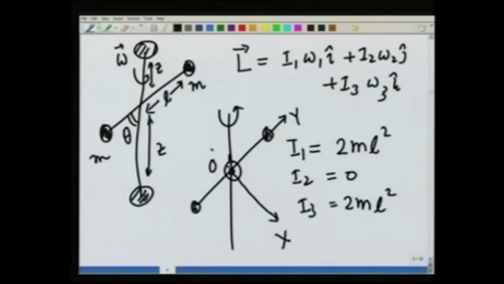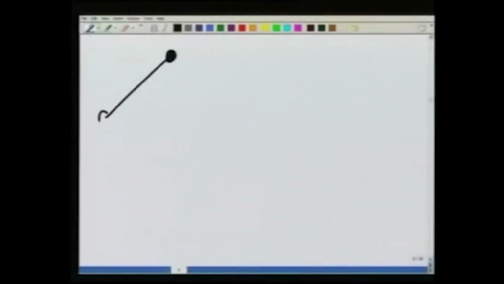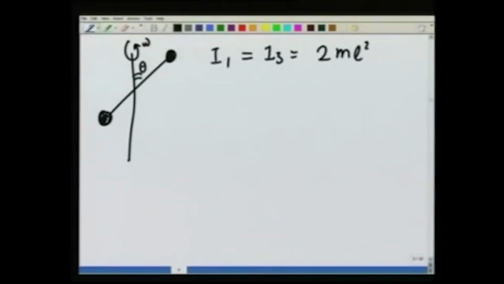This is omega. So, omega has two components. Let me go to the next screen and show you. This is the body, this is omega, this is theta. I1 is equal to I3 is equal to 2 m l square, I2 is 0.